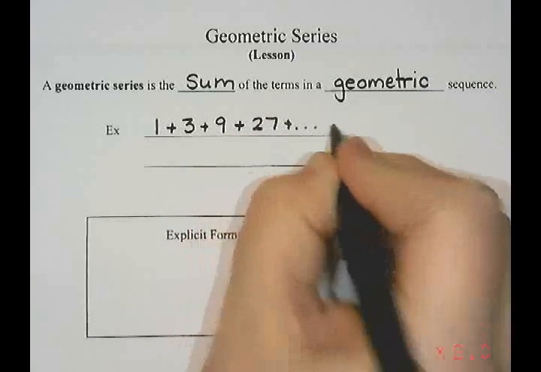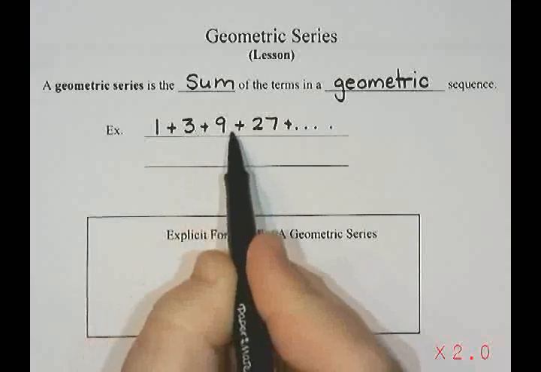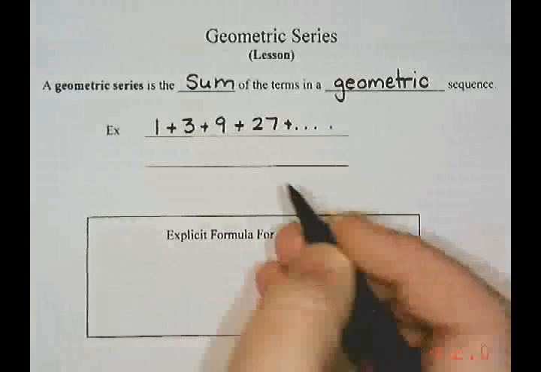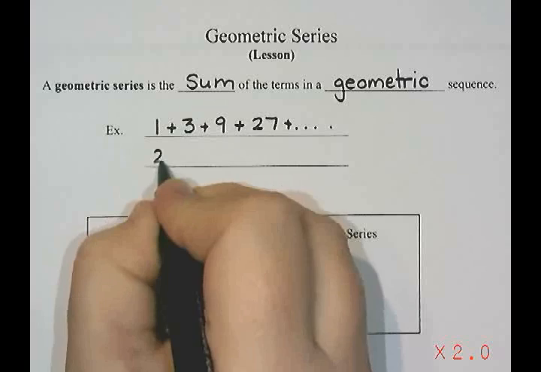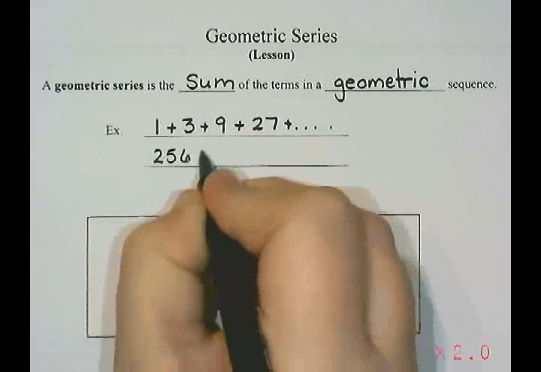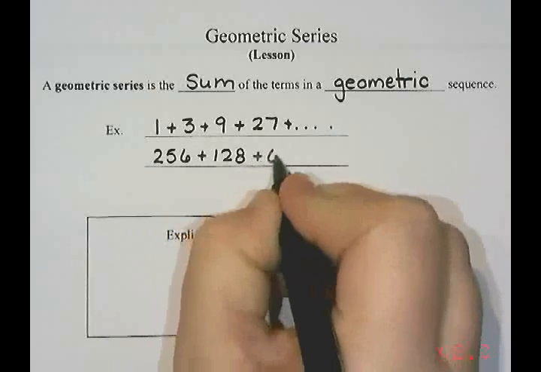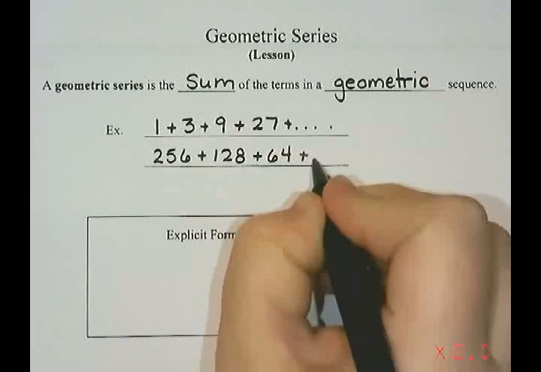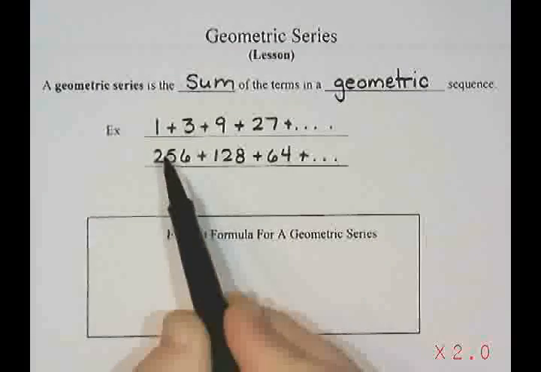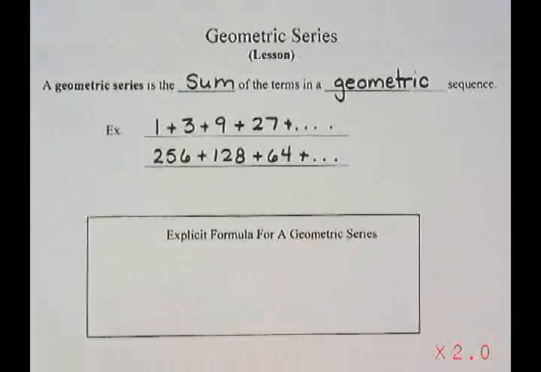So this is a sequence where every time I am multiplying by 3. Or I could do 256 plus 128 plus 64. So this is a sequence where I am dividing by 2 every time.